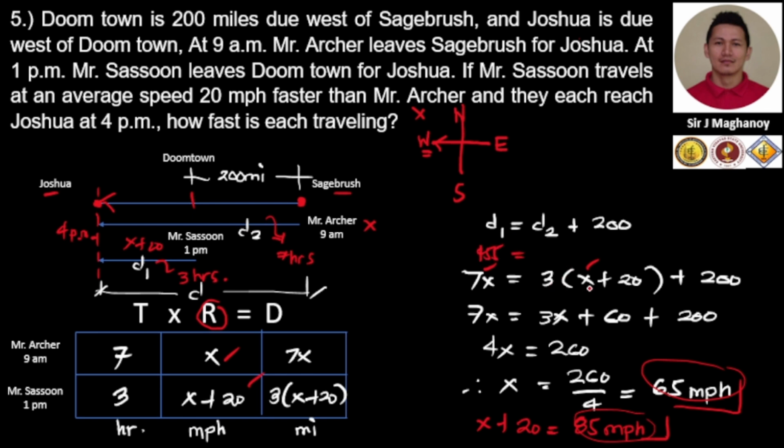Here, 3 times x plus 20, 3 times 65 is 195, 255 plus 200. So 455. So we have a balanced equation, so we can assume that our answer is correct.